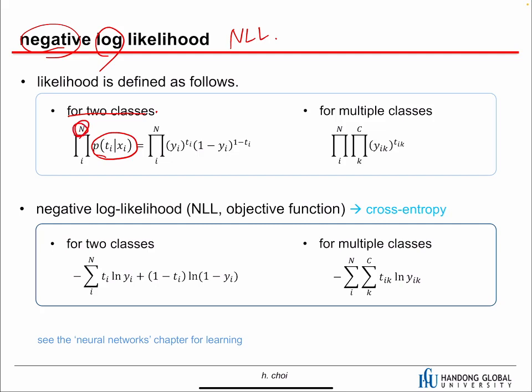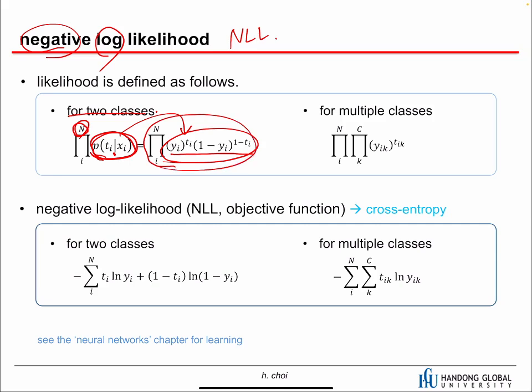Assuming that the samples are independent, which is a reasonable assumption, we simply multiply all these likelihoods, and we can rewrite this probability with the equation we just saw in the previous slide. This is our likelihood for the binary class problem.